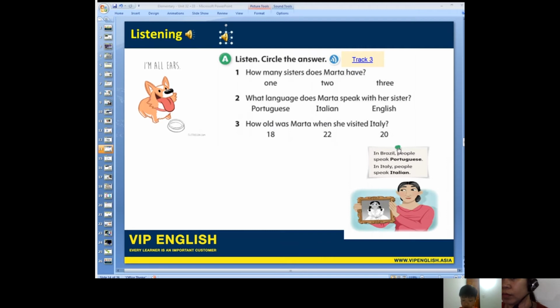It was easy for my sister and me. We learned to speak Portuguese quickly because we went to a Brazilian school. Do you still speak Italian? When I talk to my sister, I speak Italian. When I talk to my Brazilian friends, I speak Portuguese. 3. Do you go back to Italy sometimes? I went back one time with my sister. I was 20 and she was 22. My sister moved back to Italy after that. Why did she do that? She met a man there and they got married. My husband is from Brazil, so we live here.